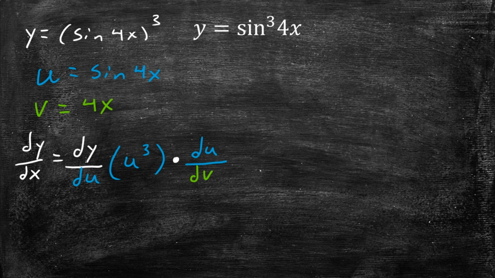So it's going to be times sine of v. And then our third one is dv with respect to x of 4x.